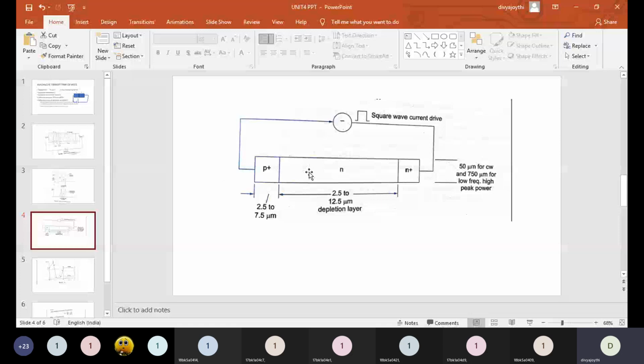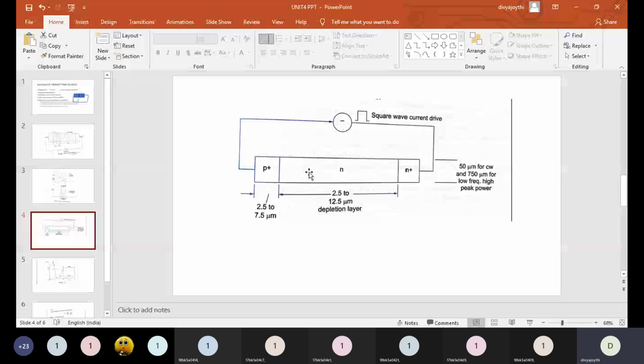See, as I told you, the plasma is going to be developed around the depletion region and across the P plus region and N plus region. That means across the ends of the diode, this cathode end and this anode end, the plasma is also going to be developed.